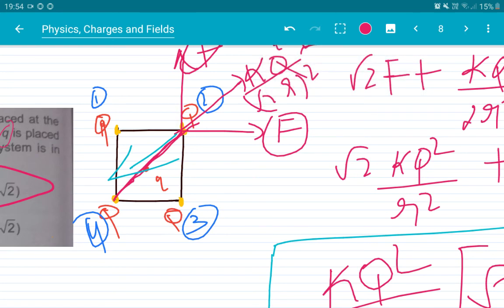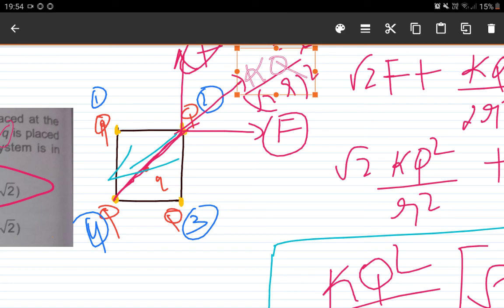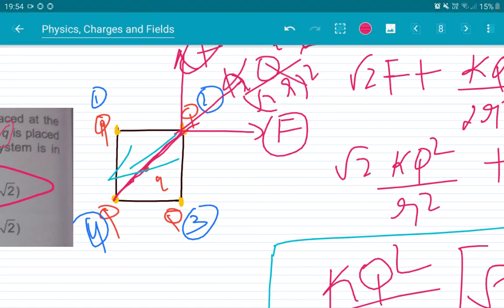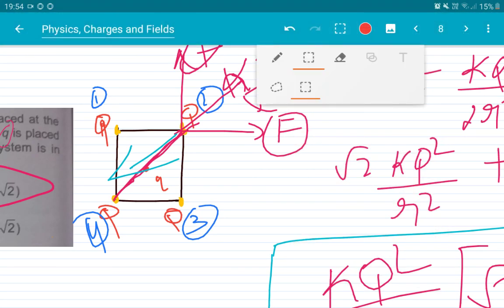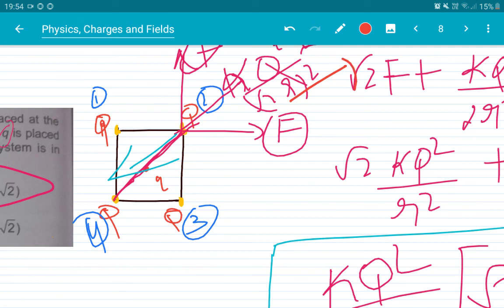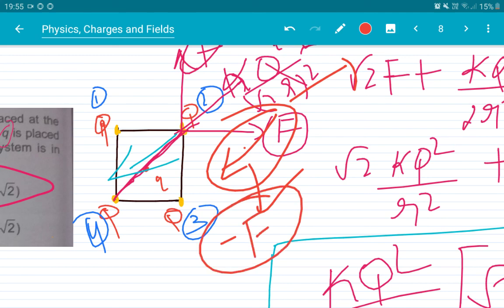So this force is exactly towards this side. Now we want the net to be 0, so we apply an opposite force. When we apply the opposite force, definitely it becomes minus, right? That is why we got minus q.